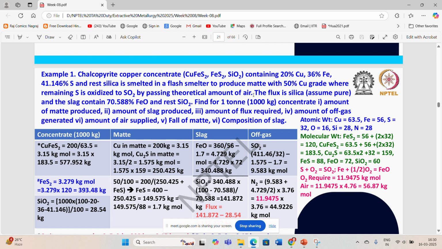The flux is silica, assume pure, and the slag contains 70.588% FeO and the rest is SiO2. So find, for 1 ton (1000 kg) of concentrate, the amount of matte produced, amount of slag produced, amount of flux required, amount of off gases generated, amount of air supplied, fall of matte, and composition of slag.